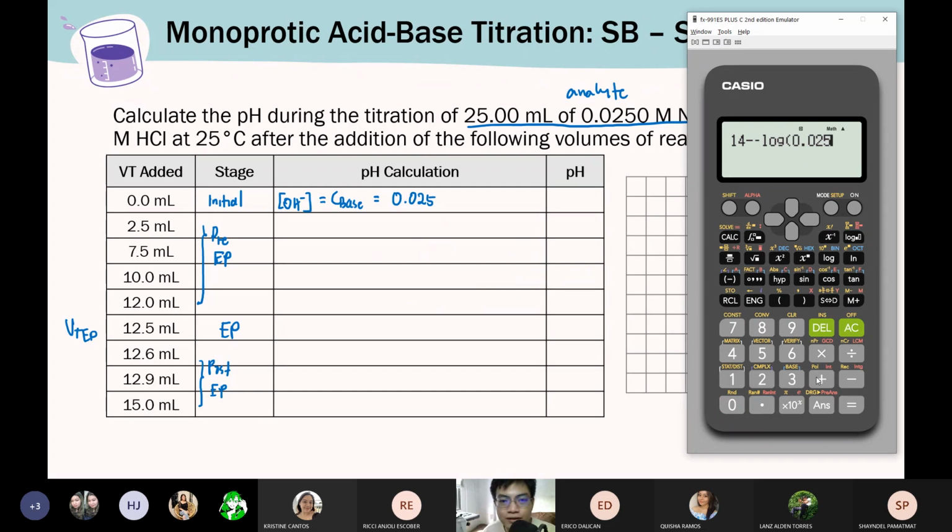Bakit may 14 minus something? Kasi nga, pOH yung makukuha ko if I just take the negative log. So, I have to subtract it from 14 para siya ay maging pH. Okay? So, this is our initial pH, 12.39, sorry, 12.40. How many among you got the same answer? 12.40.